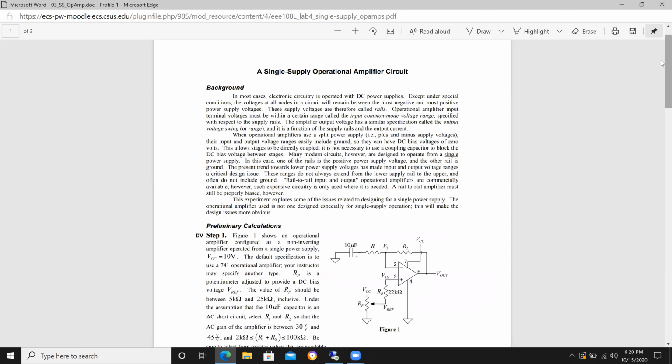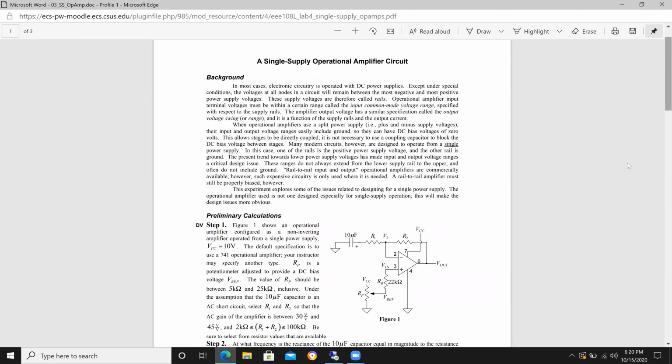So you're not going to have that negative supply available. So most circuits now operate off of a single source, like a lithium ion battery maybe. Then it goes to a power management system and it creates a bunch of DC supplies for you. The majority of those circuits now operate off of a positive DC supply.